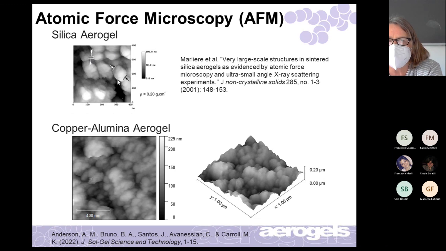Here is one we have for our copper alumina. Again, you can see the same sort of things. This is a little higher magnification, so we didn't get in as close as they did, but you can see the same sort of structures forming, and you can see some depth and some height. In fact, you can plot it like this to give you a sense of the scale. This is a better image.